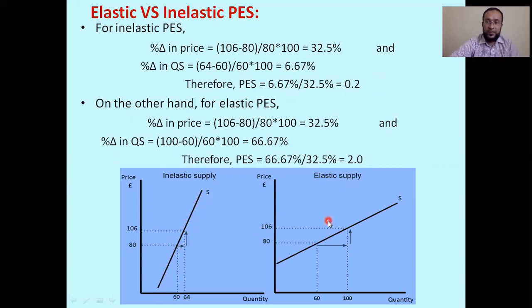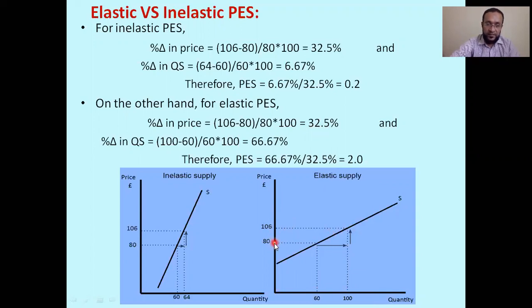Now look at this diagram, the elastic supply curve. Here we are starting from initial price 80 and initial quantity supplied is 60 units. All right. So when price increases from 80 pounds to 106 pounds, in response to this change in price, supply increases more, from 60 units to 100 units. That means here percentage change in price is 32.5% as usual, from 80 to 106.